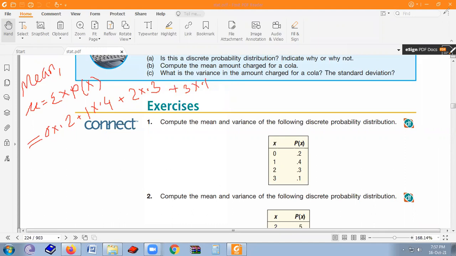I hope you all understand because you are science students. After calculation we get 1.3 as the mean.